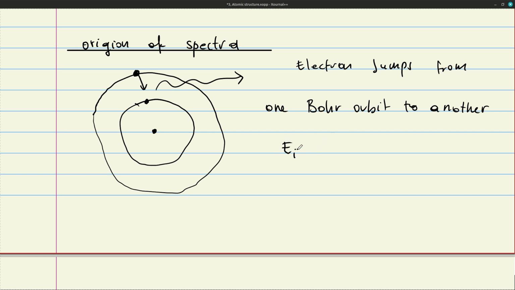E initial minus E final should be equal to, right, this energy should go somewhere, and in our case, which is the radiation, it goes to light. And from here we know this from Planck, because this is the photon energy, and here we know this from the Bohr model.